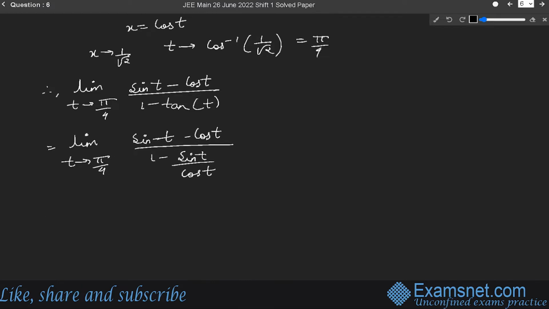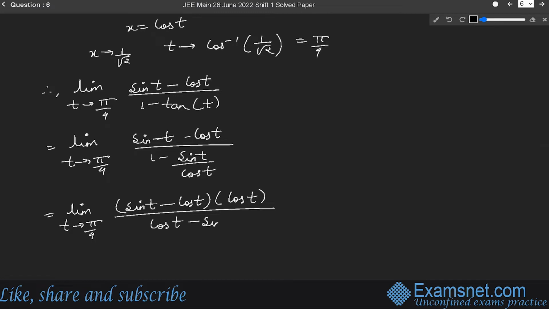So this can be written as limit t tends to pi by 4 of (sin t minus cos t) into cos t divided by (cos t minus sin t). We have taken the LCM here.